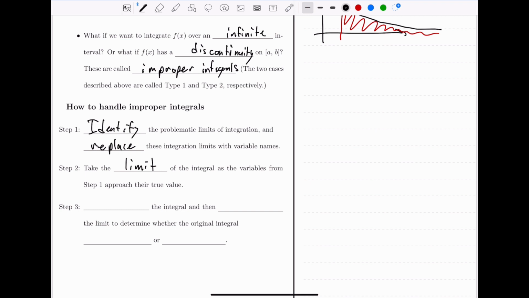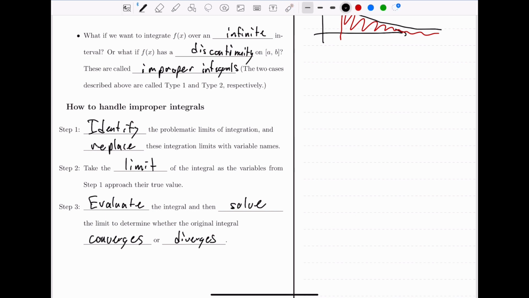And then step 3, we evaluate the integral, and then we solve the limit to determine whether the original integral converges or whether it diverges. If the limit exists, then the integral converges. If the limit does not exist, we say the integral diverges.